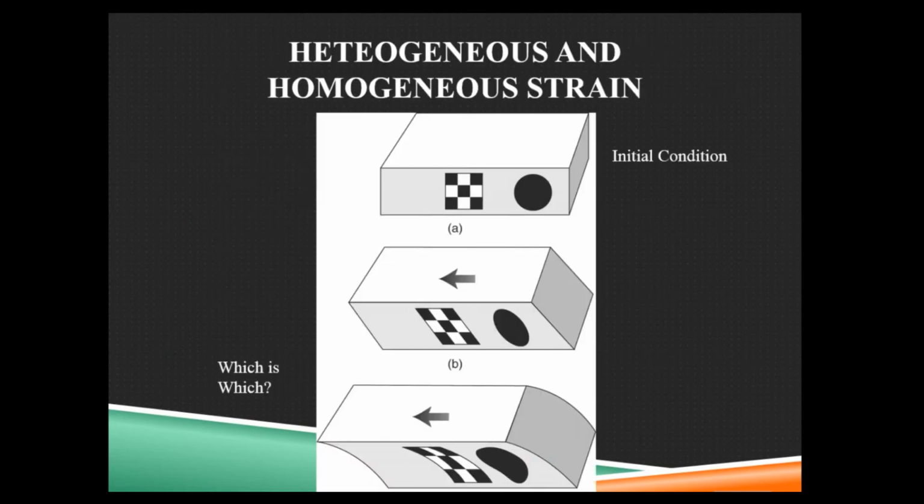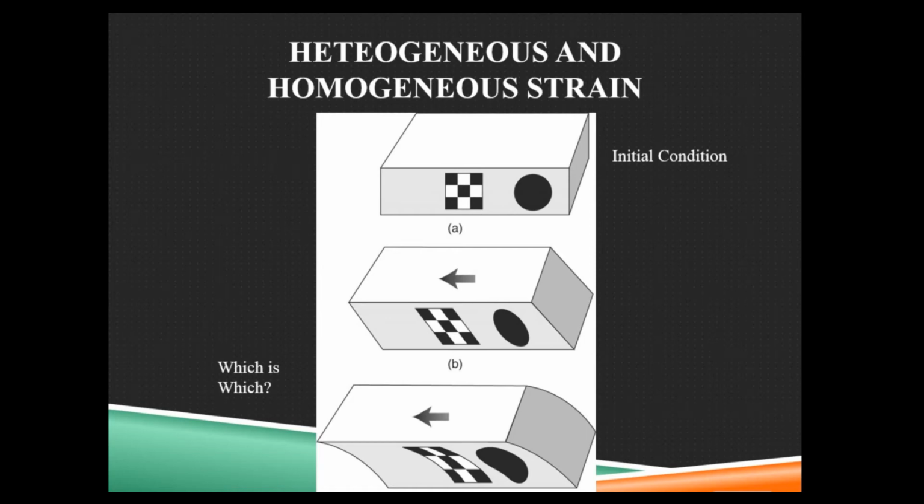So we have an initial condition. We have this little checkerboard pattern, and we have a circle in our 3-dimensional brick. Now, if we have the first case labeled B, we can see that there looks like some shear stress being applied. The thing is deformed.